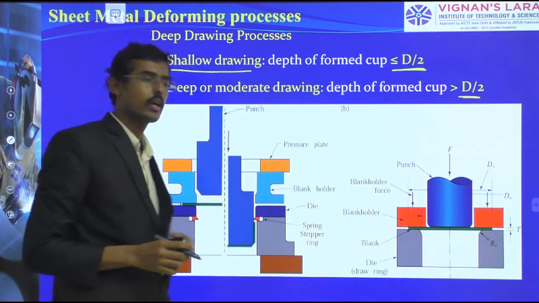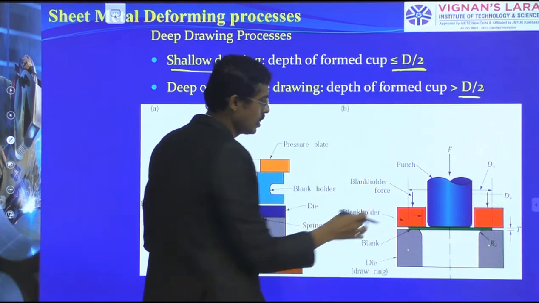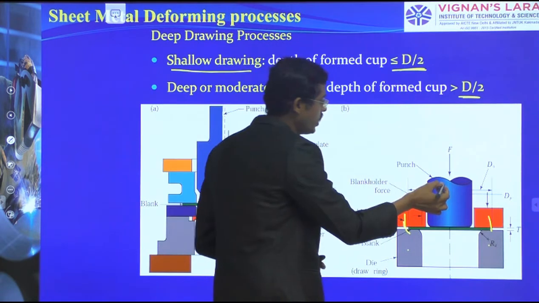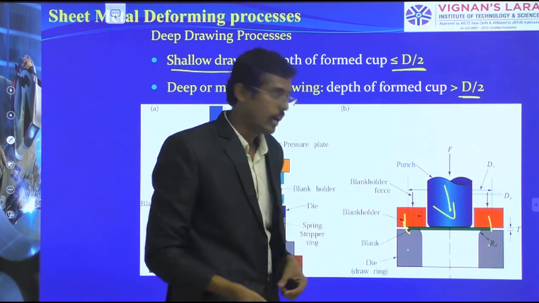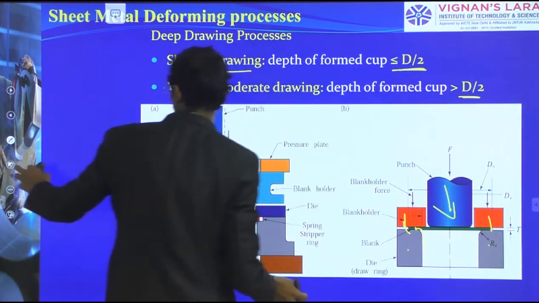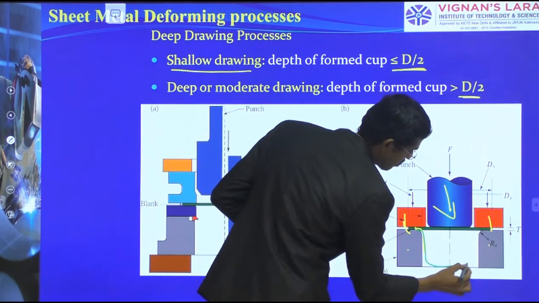So here how we are doing this: we have a die and supporting pads, and then we give a punch here, and this operation forms a cup over there. So this cup is formed here.